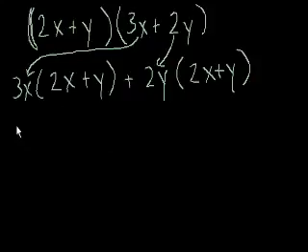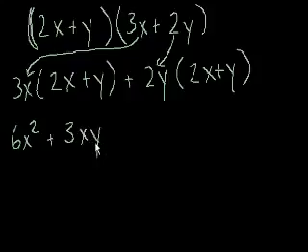3x times 2x is 6x squared. 3x times y, that's 3xy. Right? 3xy is just another way of saying 3 times x times y. Plus, now 2y times 2x, well that's 4yx. Right? 2 times 2 times y times x. Plus 2y times y.